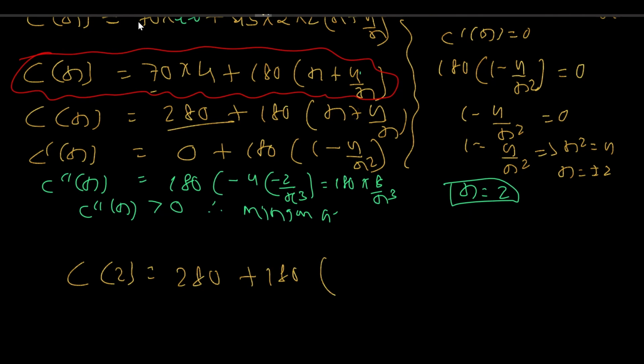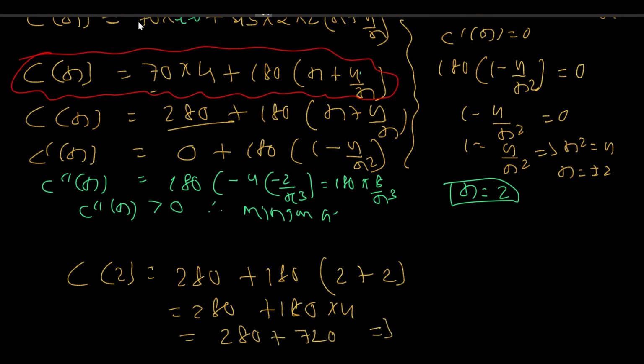Replacing x with 2, this is 280 plus 180 multiplied by 4. 18 into 4 is 72, so it's 720. If I add this number, 280 plus 720 comes out to be 1000. So it should be in rupees. That's why we'll write rupees 1000.